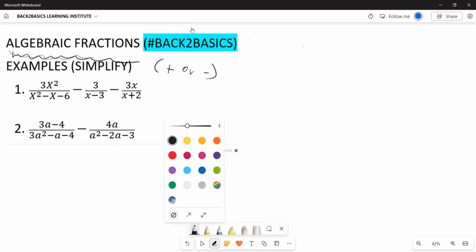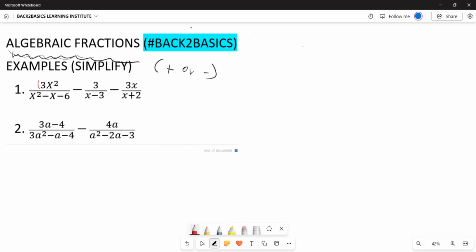Now we are going to follow some of these steps that I started by sharing with you. Let's get our red color here. The first thing is, when you look at this numerator, you have 3x squared, and there's nothing we can really do with this 3x squared, so we just write it as 3x squared. But in your denominator, there is something important we can do: we can factorize this too.